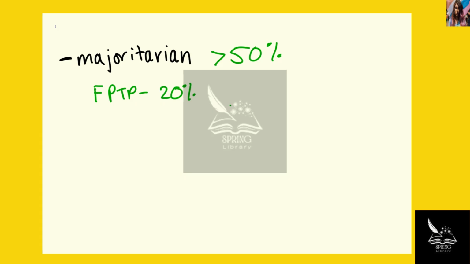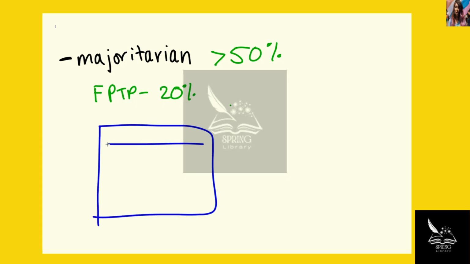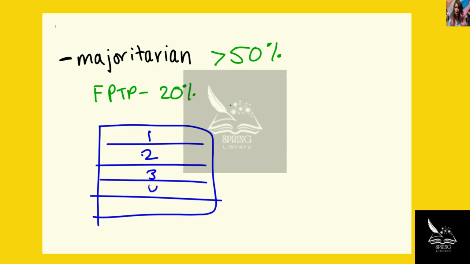In a majoritarian system, the people voting will have a list of maybe 5 options, and they will rank these options. So this could be the 5th option, this could be the 3rd, the 4th, the 1st, the 2nd.